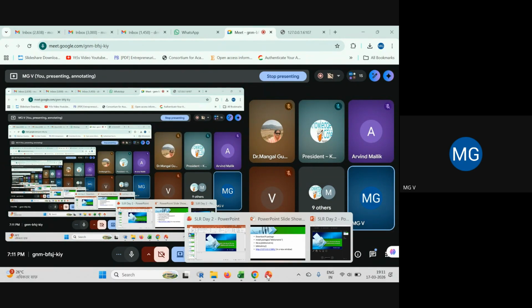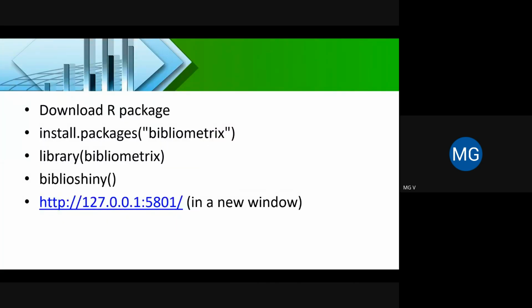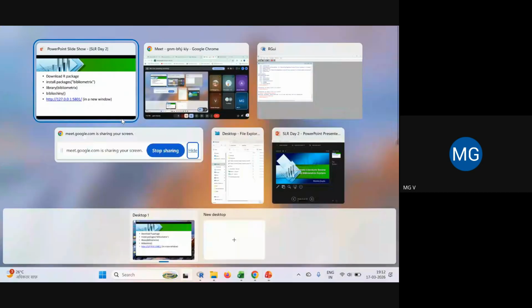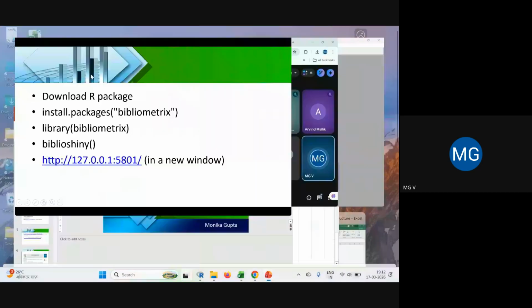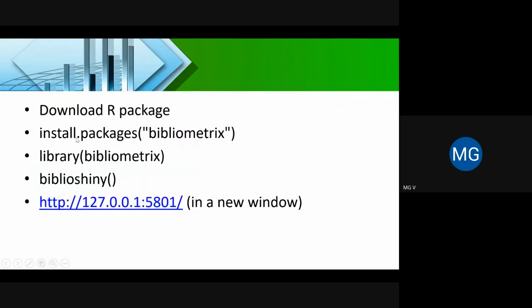Yes. So let us recall the steps again that I have shown you. What I have discussed is: download our package, then click the Packages tab, and then go for the bibliometrics command, click it, then give the next command in the prompt, library, and within braces, bibliometrics, then biblioshiny, then braces.